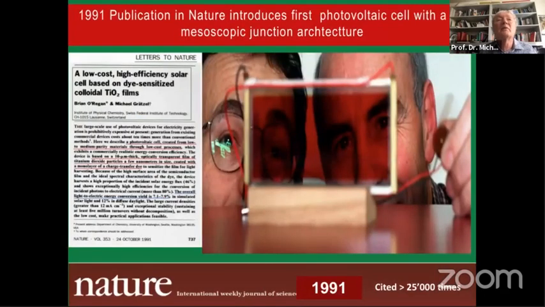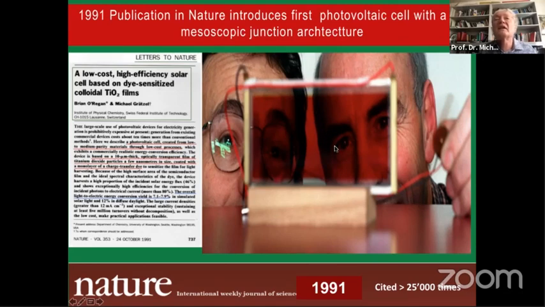The first landmark paper, after we had published quite a few before, was published in Nature, 1991, and it has been cited over 25,000 times. It's one of the 100 most cited papers in science as a whole. Why was it cited so much? Because the concept was new. And you see, this doesn't look like a PV cell.